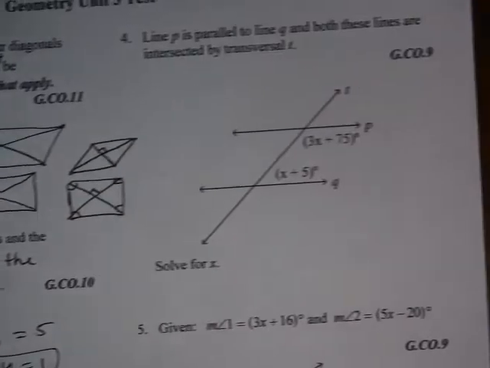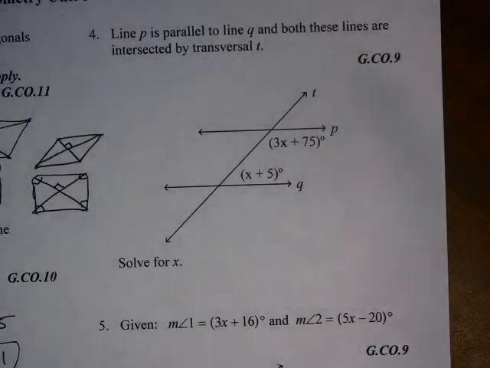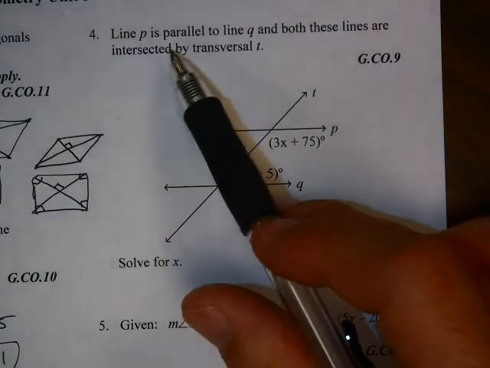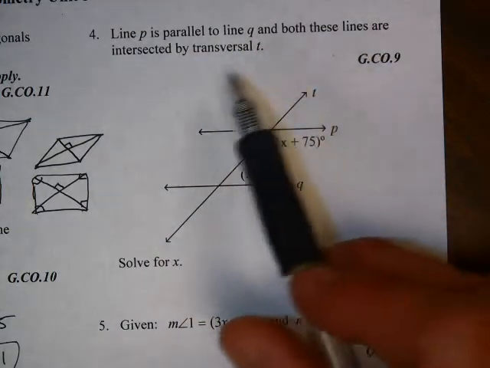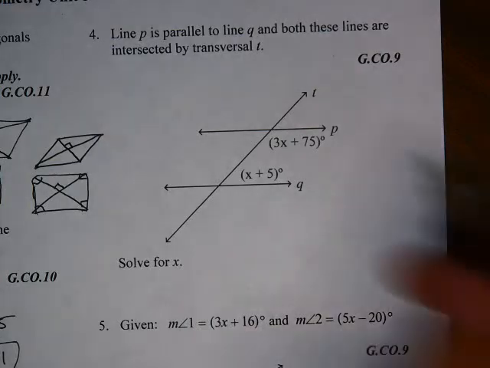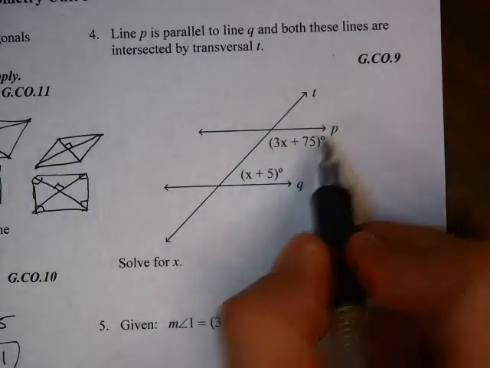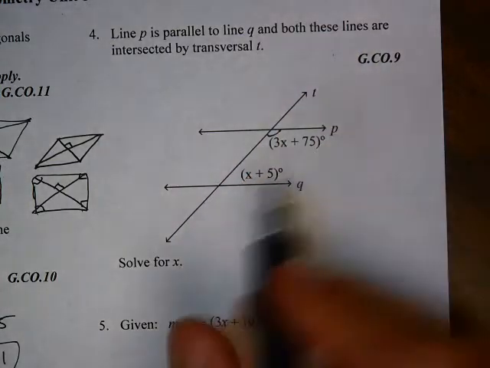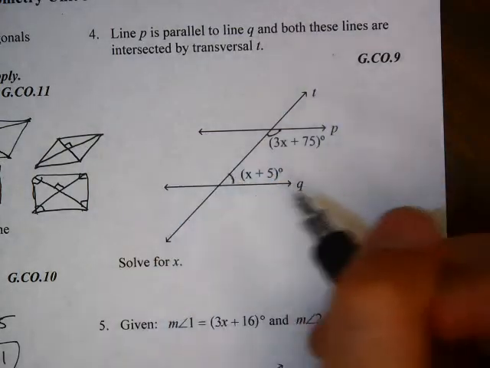Number 4 is the third one we're doing in this video. We're given that line P is parallel to line Q, and both these lines are intersected by transversal T, and we're asked to solve for x. So we look at where 3x plus 75 degrees is right here, x plus 5 degrees right here.